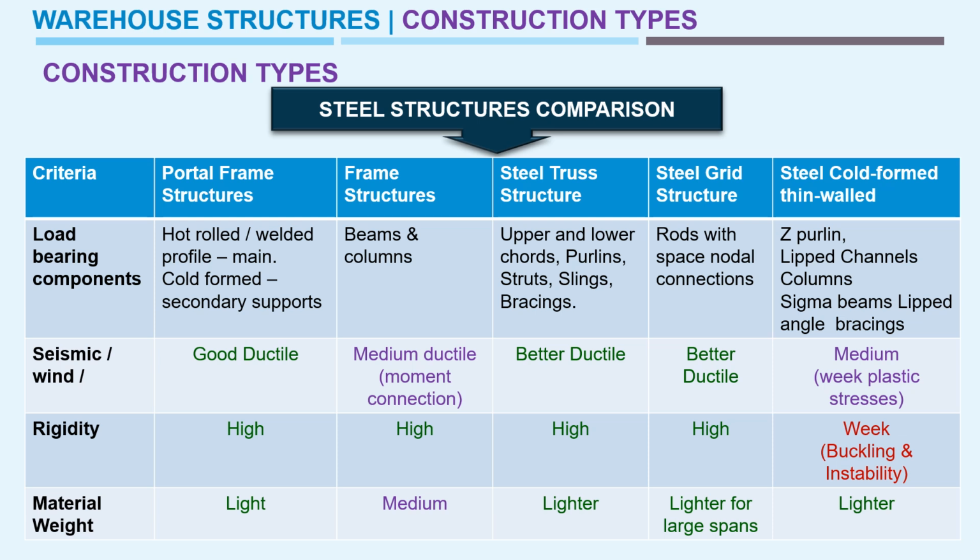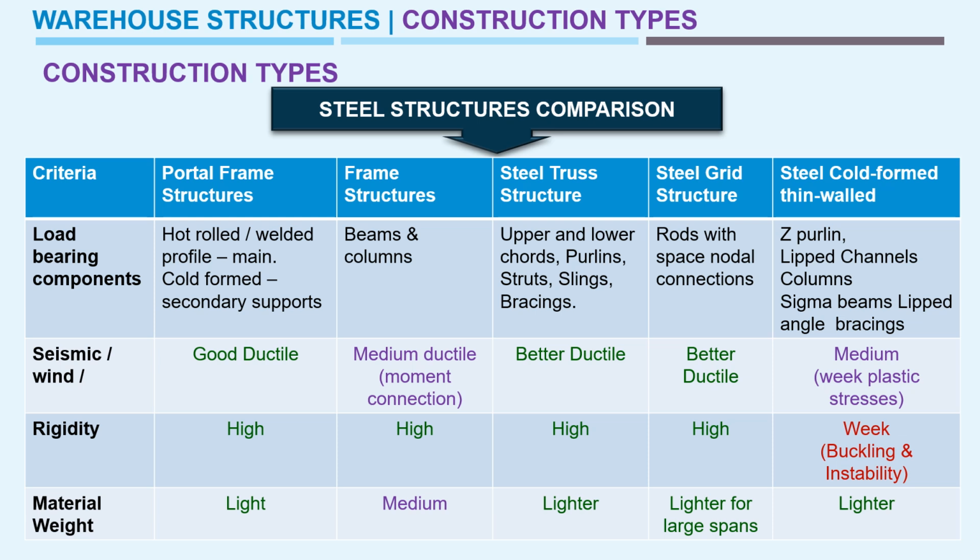And in frame structures, the load-bearing components are mainly the beams and columns, all rolled sections only. In steel truss structures: upper and lower chords, purlins, struts, which are vertical small members in between the truss, and slings, which are inclined members. Generally, struts are used to hold compression loads and slings are used to hold tension.